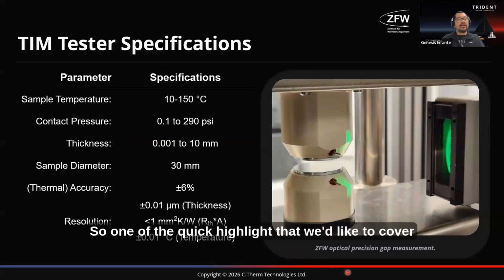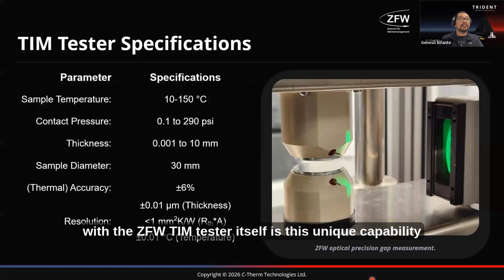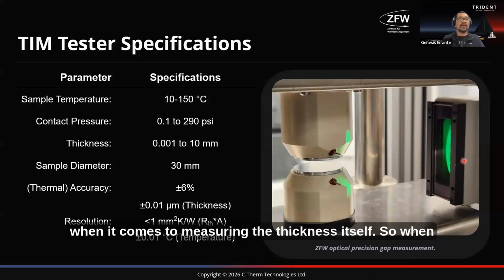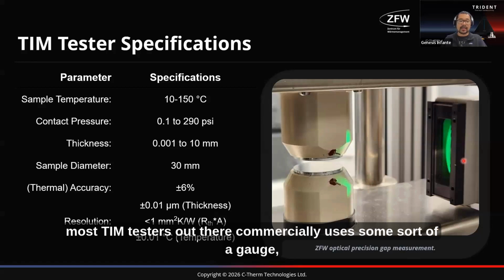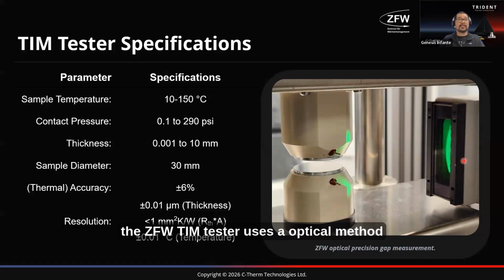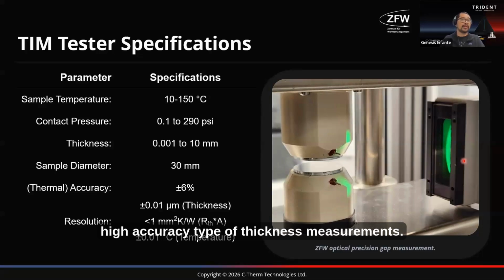So one of the quick highlights that I would like to cover with the ZFW TIM tester itself is this unique capability when it comes to measuring the thickness. When most TIM testers out there commercially use some sort of a gauge, the ZFW TIM tester uses an optical method in order to have this high resolution, high accuracy type of thickness measurements.